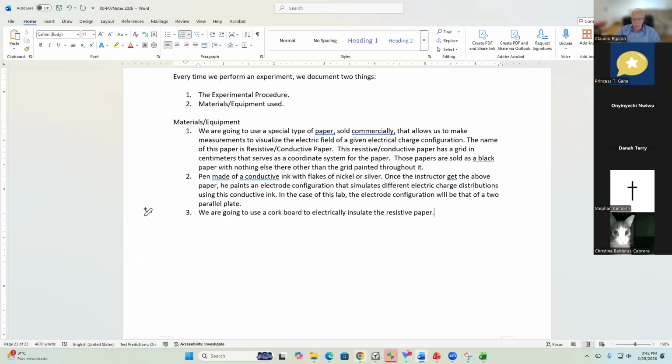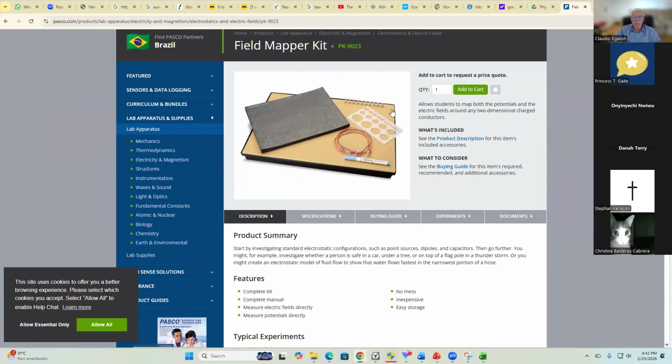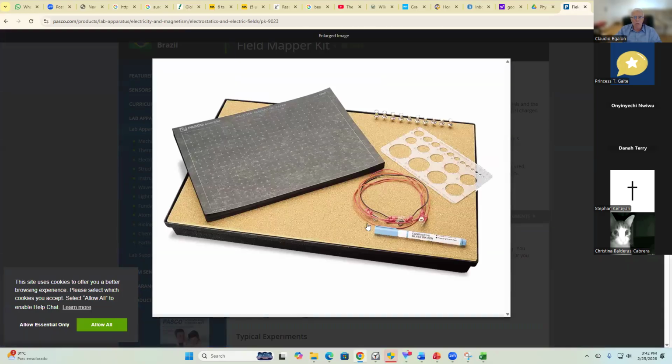That's the cork board that I'm talking about. We buy this kit, right? The kit comes with the pen, the cork board, the paper, and some other things that we're going to cover very soon. And the cork board is a very good dielectric material. It's a very good electrical insulator.